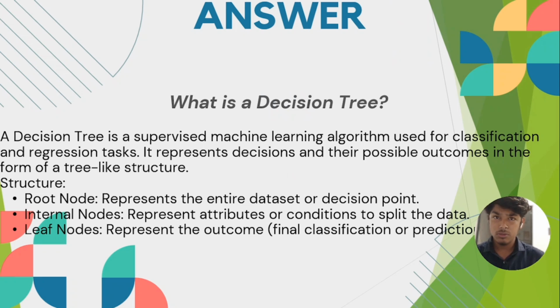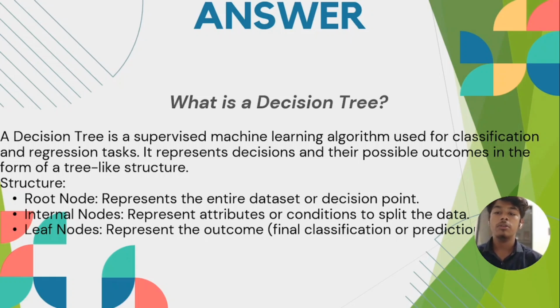Now, what is a decision tree? A decision tree is a supervised machine learning algorithm used for classification and regression tasks. It represents decisions and their possible outcomes in the form of a tree structure. It means we can visualize the data.